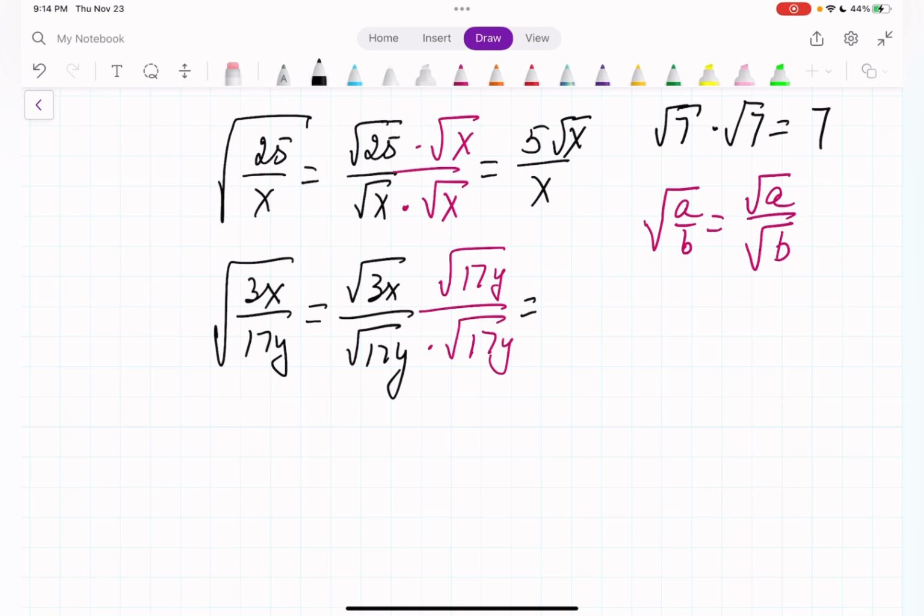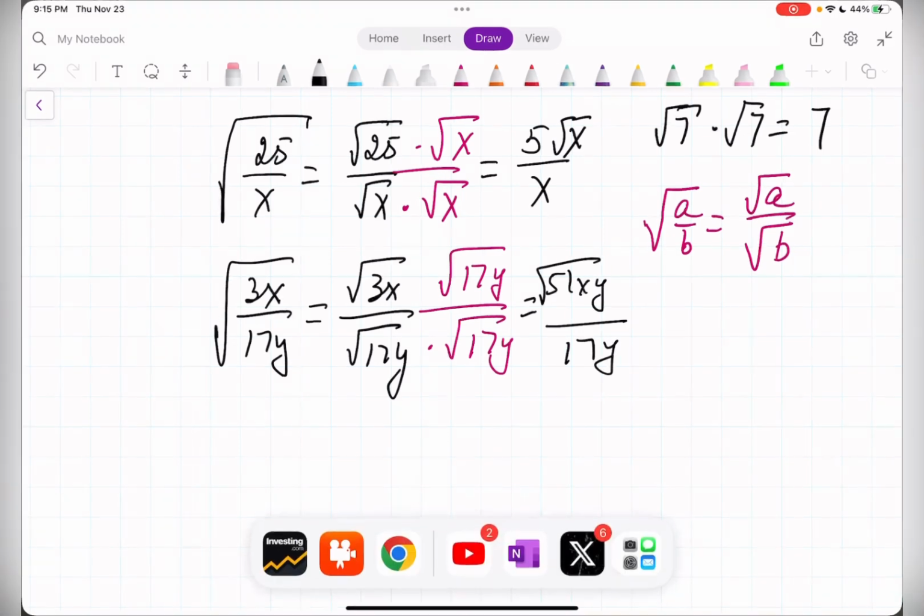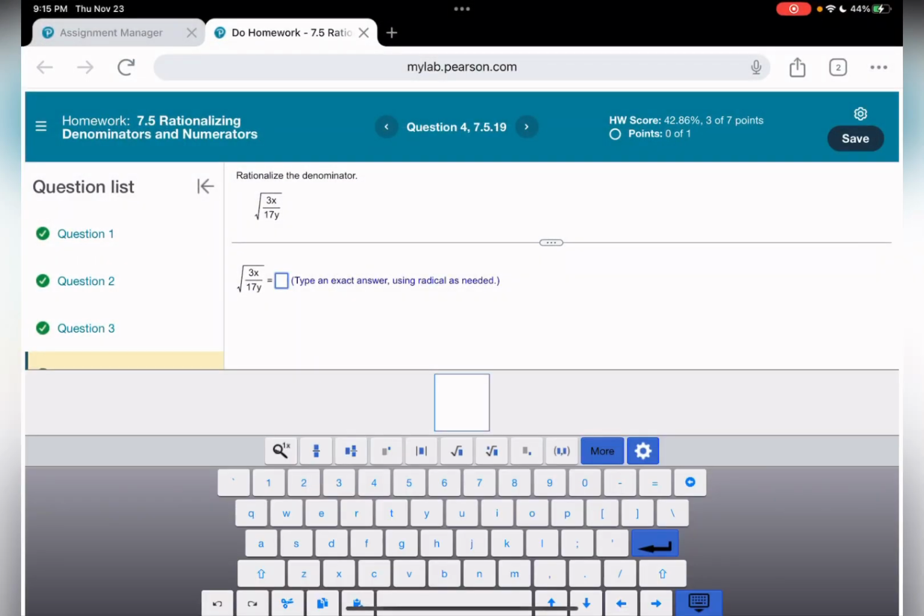So here I'm getting 51xy under the square root, and here I'm getting 17y, right? Divided by 17y.